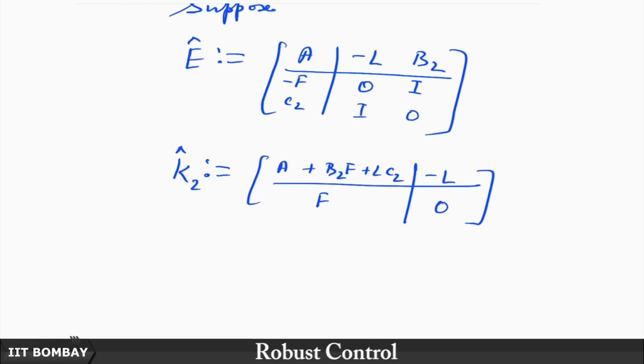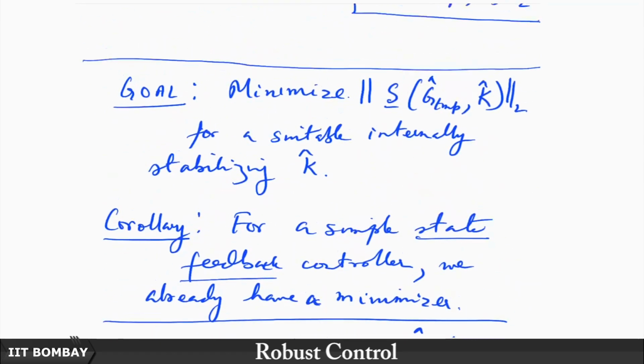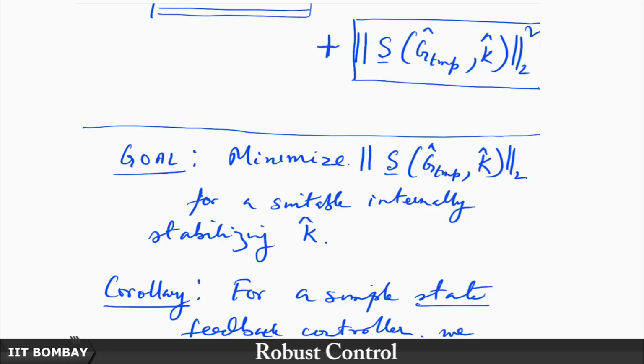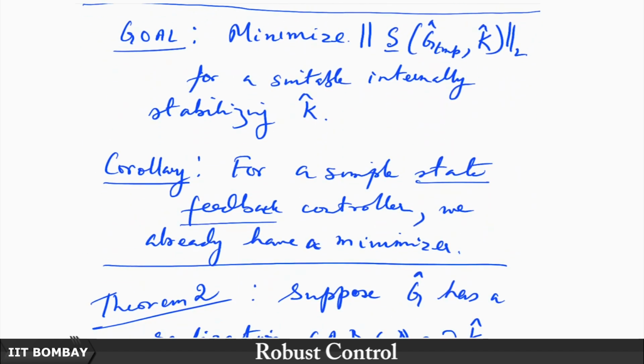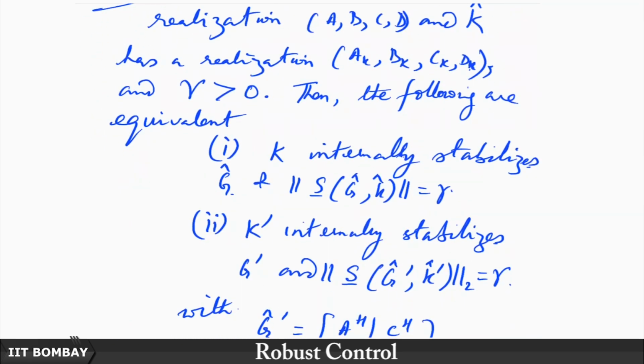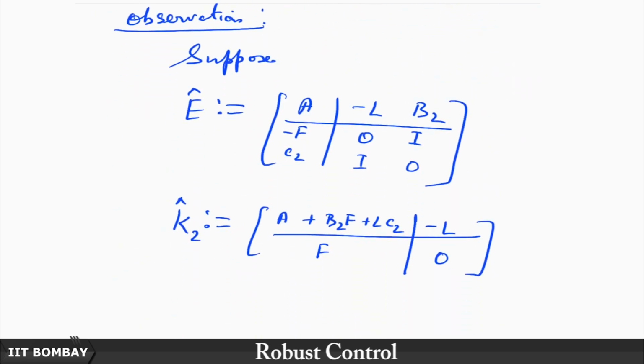Just bear with me for a while. I again define another artificial system. Already we have defined an artificial system G hat temp, and we have seen that obtaining the optimal controller for the original plant G hat is tantamount to obtaining the optimal controller for G hat temp. But in order to massage this G hat temp into a tractable form, it will turn out that we will need this E hat.